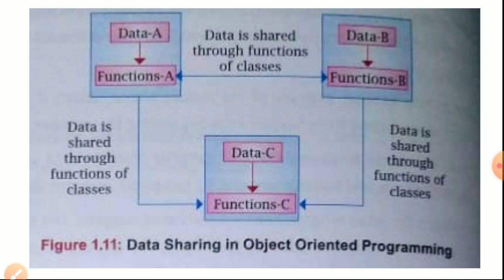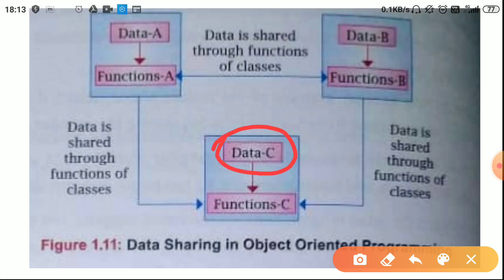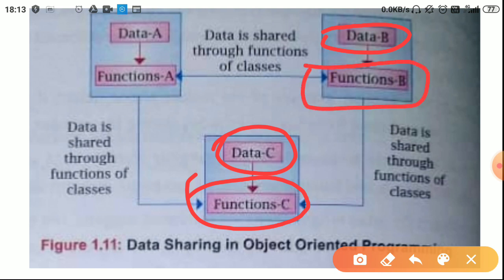If we take the example of data C, it is only accessible through functions C. Similarly, data B is accessible only through functions B, and data A is accessible through functions A only.